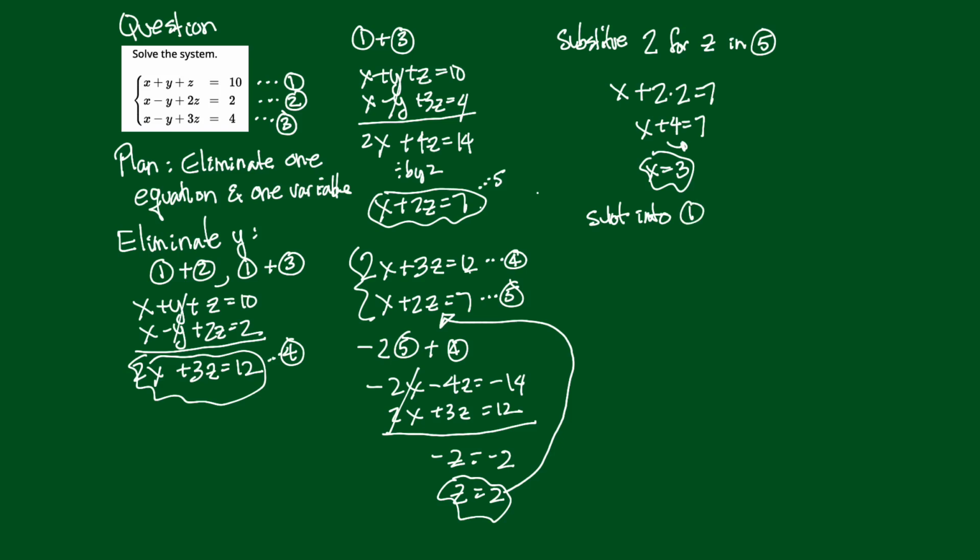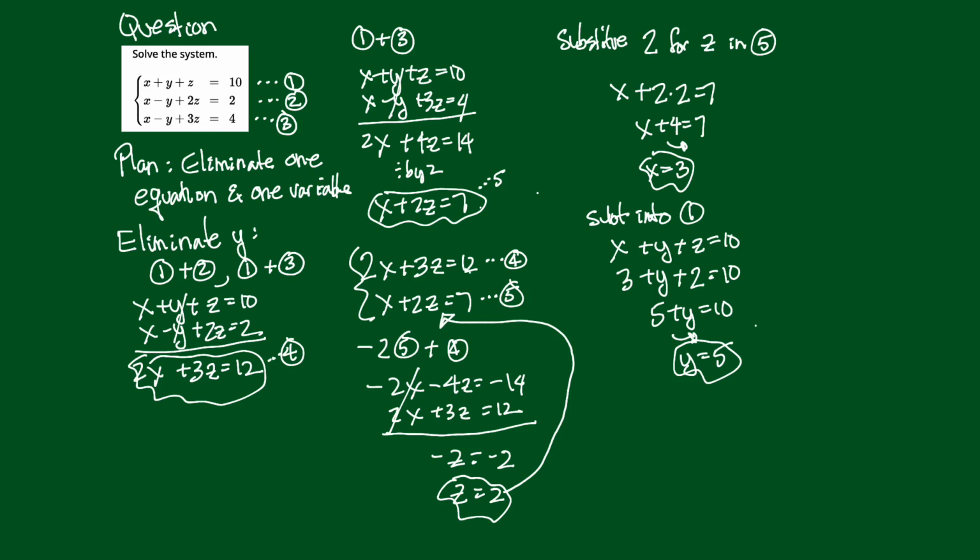Here's the equation: x plus y plus z equals 10. But x is 3, so 3 plus y plus z, which is 2, is equal to 10. So this is 5 plus y equals 10. Subtract, I get y equals 10 minus 5, which is 5.